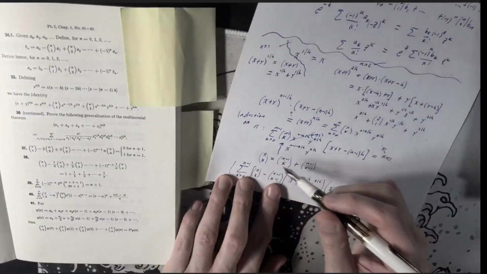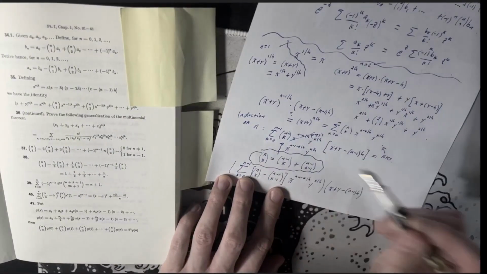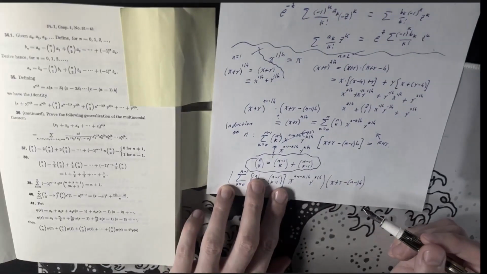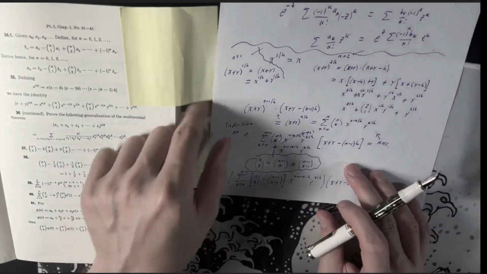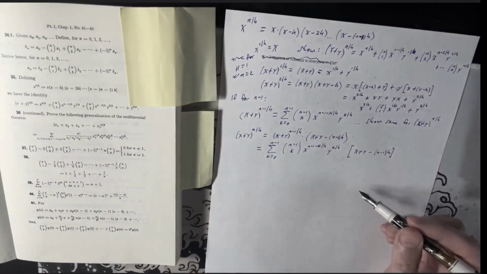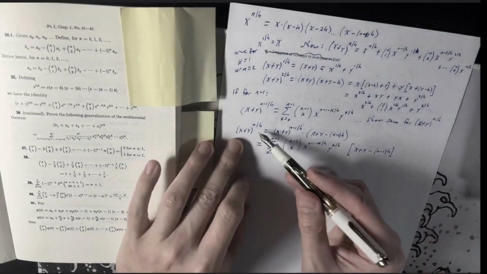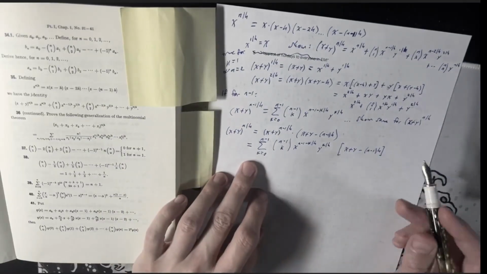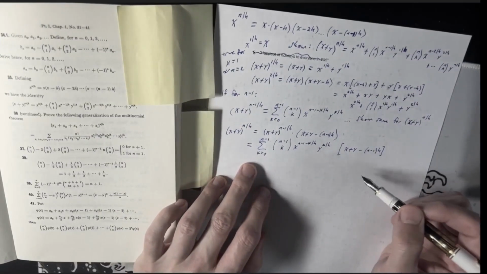You can use this identity. Pretty sure that's going to be the whole point. That's going to be what makes this work. So I'm going to use the fact that, let's see, I know this is true, same as this.